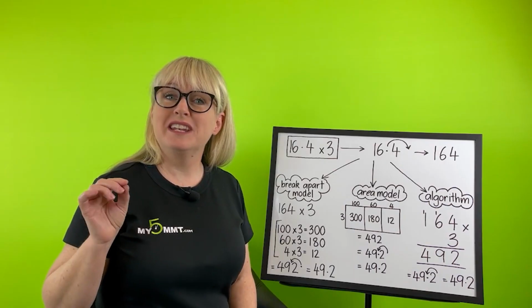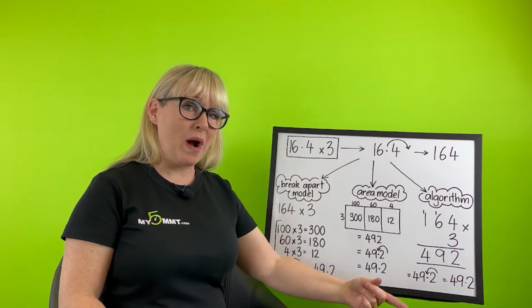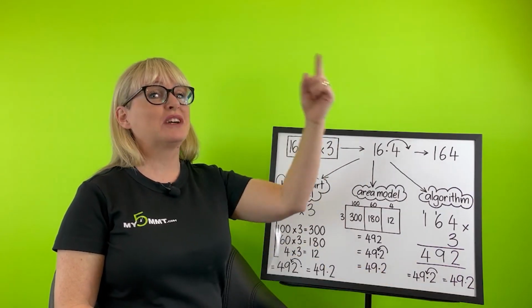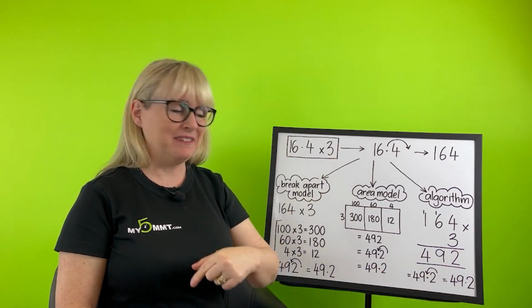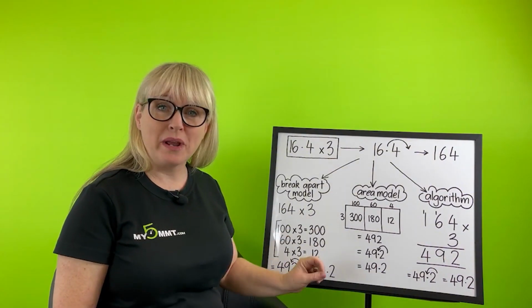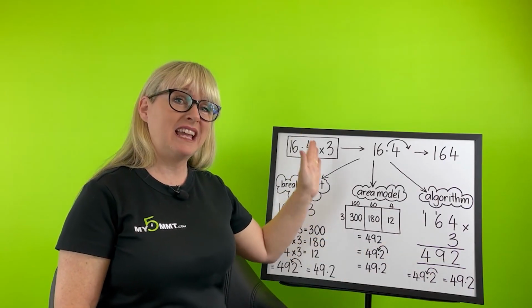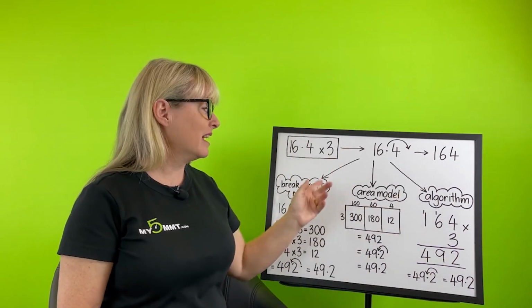But what I need to do now is put the decimal point back in. Because I jumped it one position out, I have to jump it one position back in. So it jumps back over one number and I get 49.2. Now I get the same answer every other time, whether I'm using the area model or the algorithm.